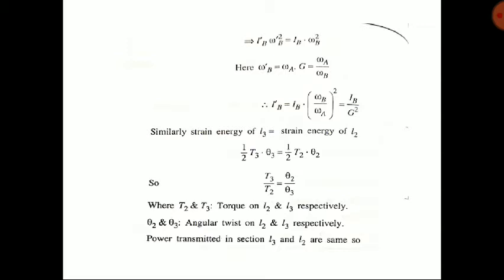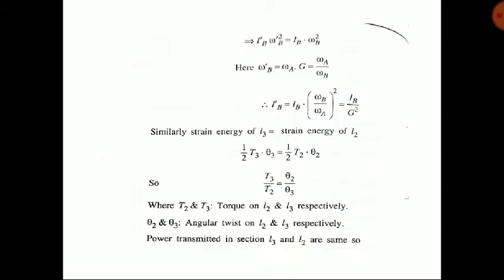From that we are getting T3 by T2 equal to theta 2 by theta 3. For T2 T3 means torque on L2 L3. Theta 2 theta 3 means angular twist on L2 L3. So power transmitted in section L3 and L2 are same. Clear?